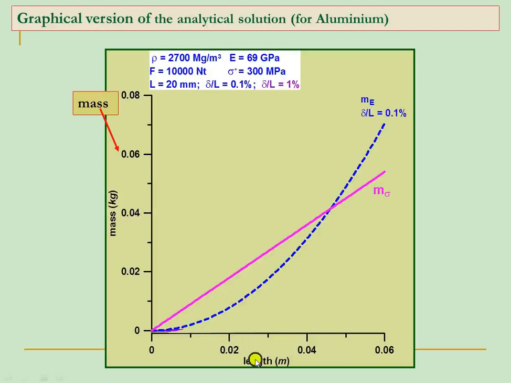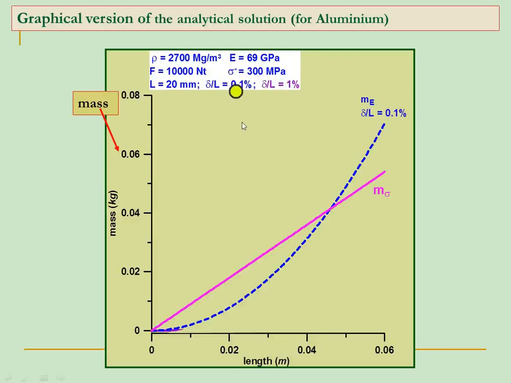Mass versus length. For these values, let us say we have plotted for aluminium, which has a rho value of 2700, E is 69 GPa, F value is given, sigma value is given, length is, let us say, 20 mm, and we have two constraints. If you remember earlier, we said that you can design it for a delta upon L value of 0.1 or 1%.